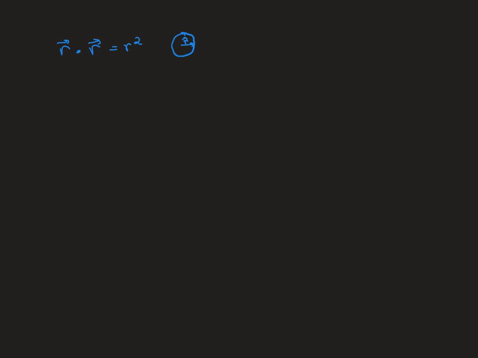Alright, so remember we're trying to get from essentially position to acceleration. So in this process, we're going to take the derivative twice. So I'm going to take the derivative in terms of time of both sides. And since the dot product is a multiplication, that means I need to use a product rule.